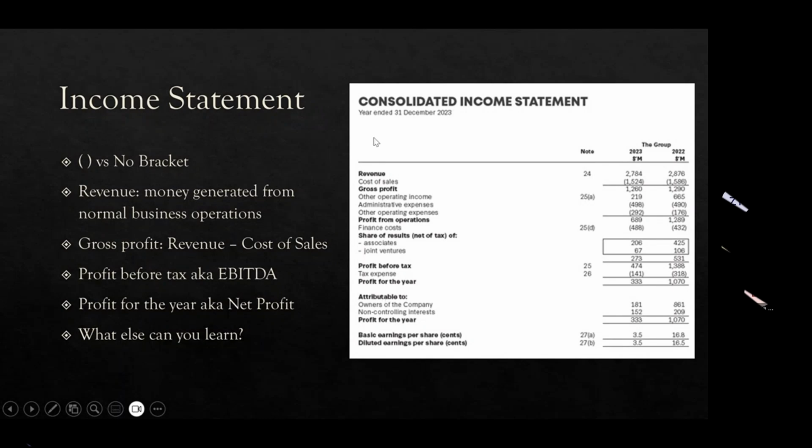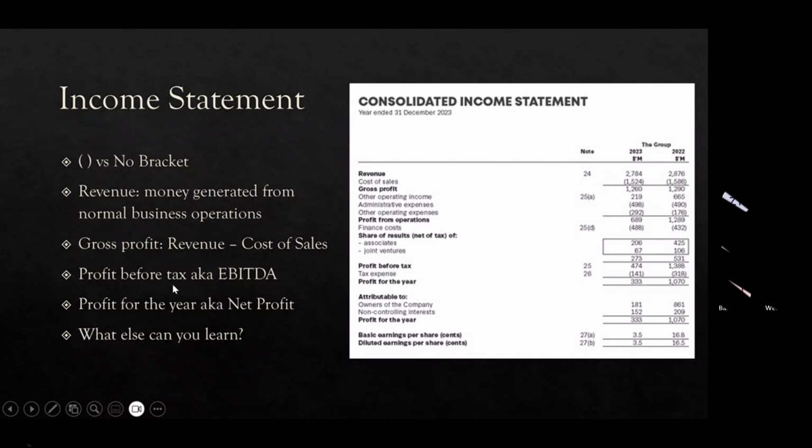In this income statement, there will be revenue, which you can see at the first line item. This refers to the money generated from the normal business operations. For gross profit, we are looking at revenue minus cost of sales, which is 1260.